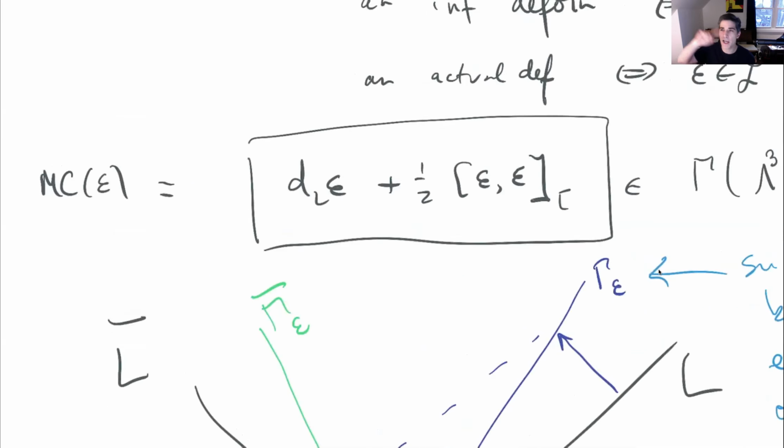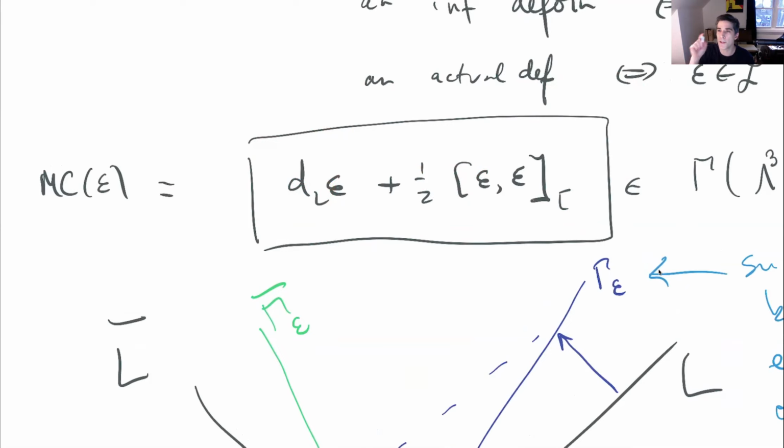But the tangent space to the solutions of a nonlinear equation is the space of solutions to the linear approximation to the equation. So what you do is get rid of this term and just have this term. Okay, and you're looking at closed two forms, modulo exact two forms.